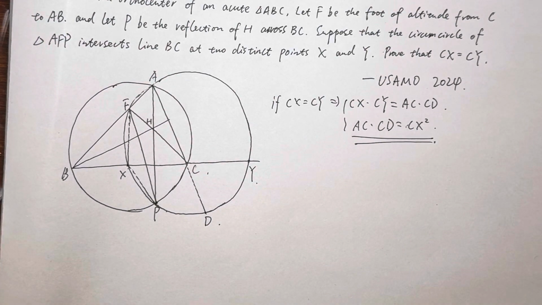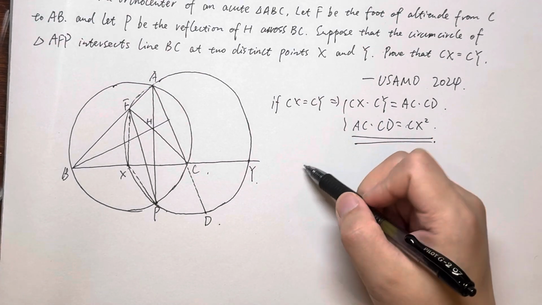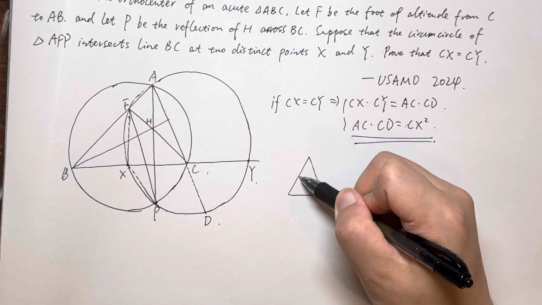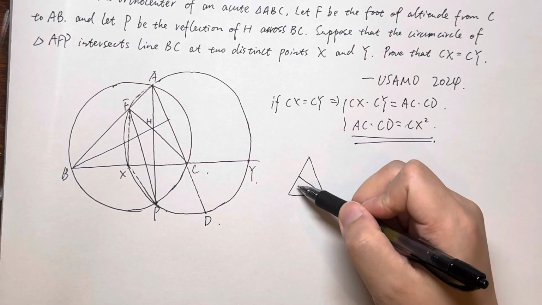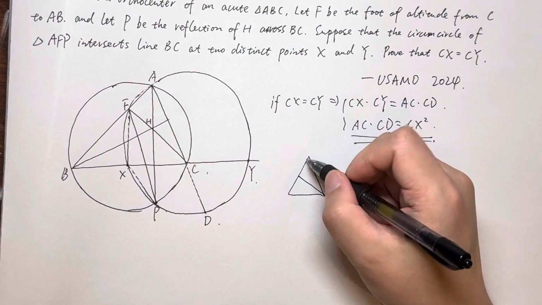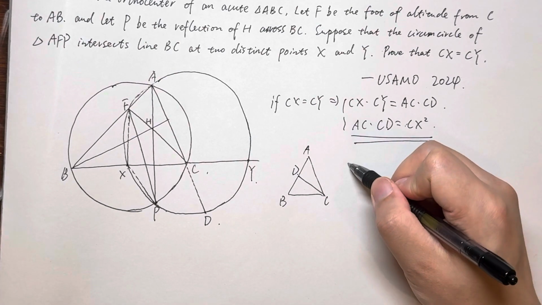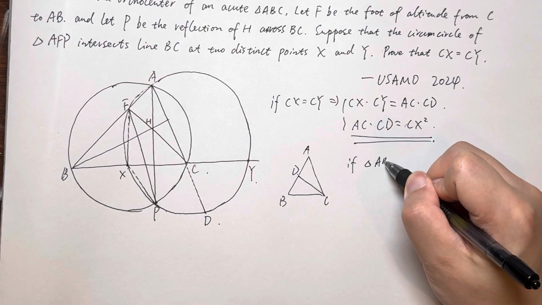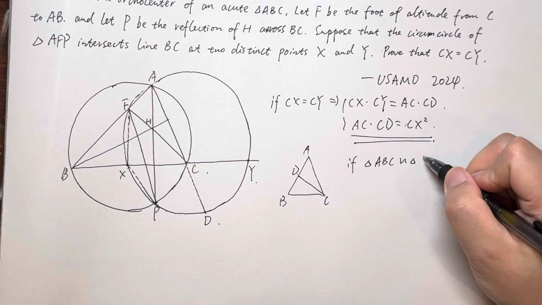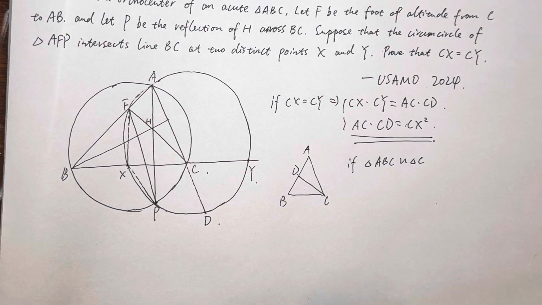That looks very, very similar to the case that two triangles are similar, right? For example, if we have the triangle ABCD here, if triangle ABC is similar to triangle CBD, right?